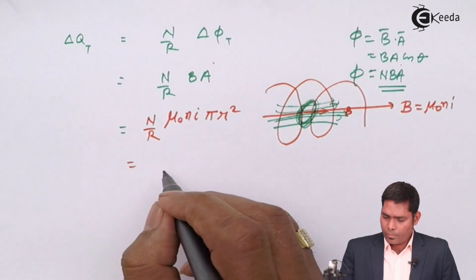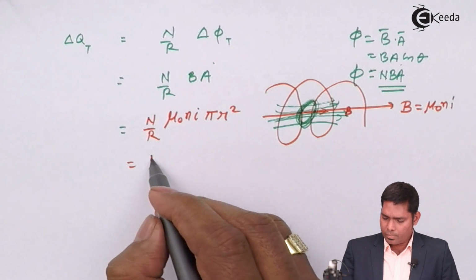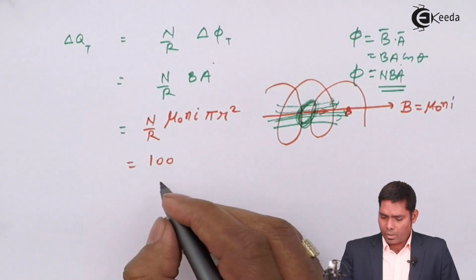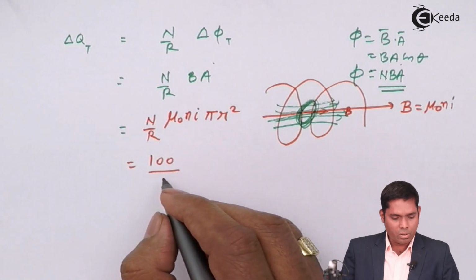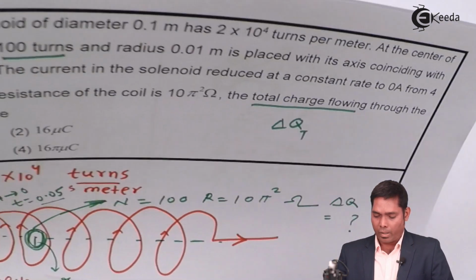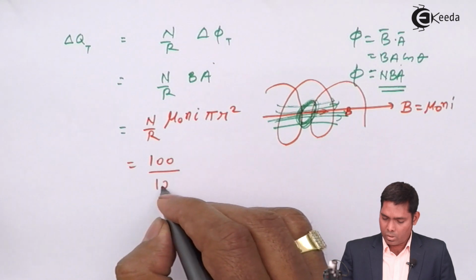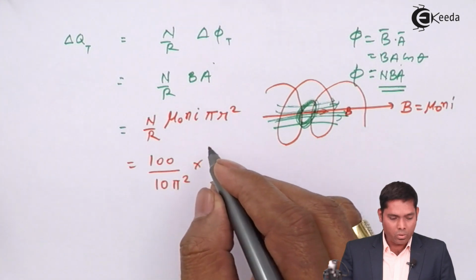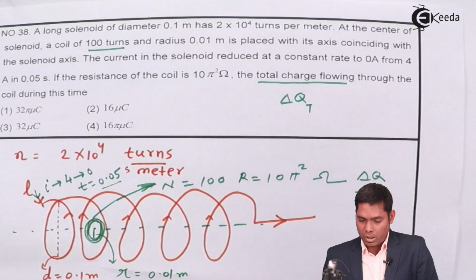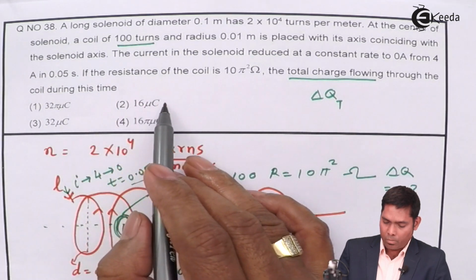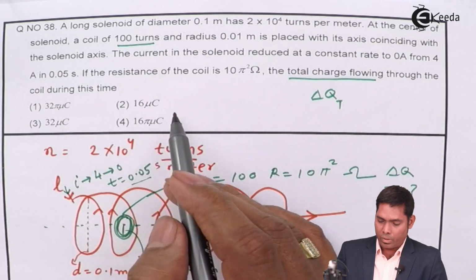So N is 100, divided by the resistance, which is given as 10 pi square, and mu naught.